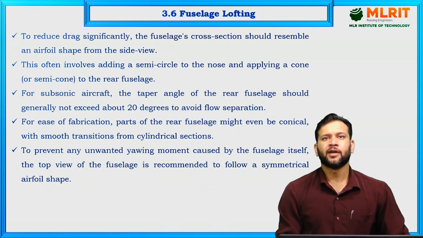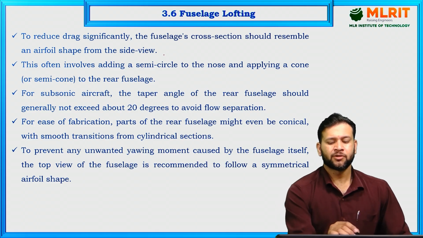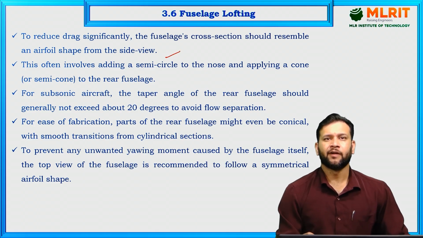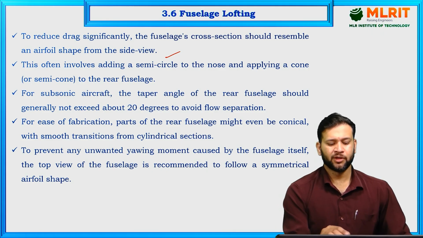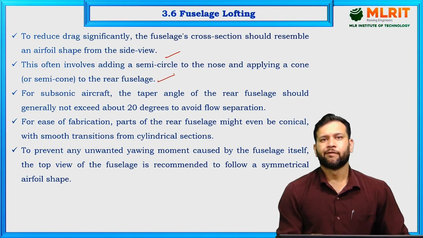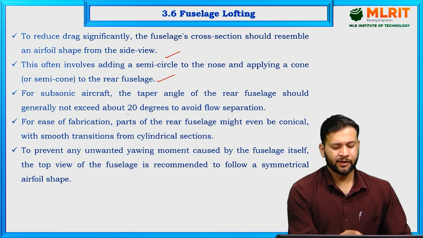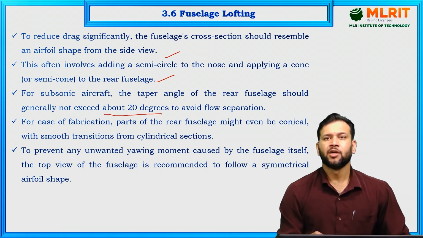To reduce drag significantly, the fuselage cross-section should resemble an airfoil shape from the side view. This often involves adding a semicircle to the nose and applying a cone to the rear fuselage. For subsonic aircraft, the taper angle of the rear fuselage should generally not exceed about 20 degrees to avoid flow separation.